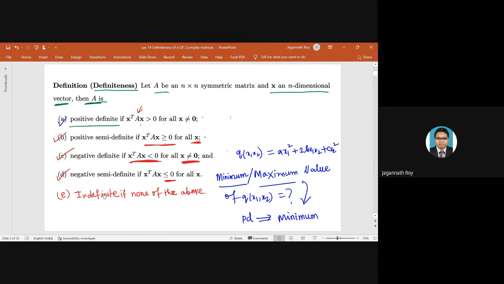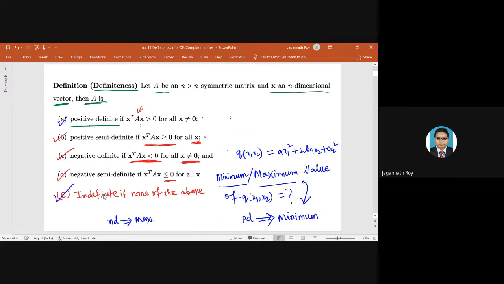So far in school mathematics we have seen how to find the maximum and minimum for the single variable case. If you know how to find them for the multivariable case, that is very good. If you don't, we'll study it in this course. And negative definite will imply maximum.